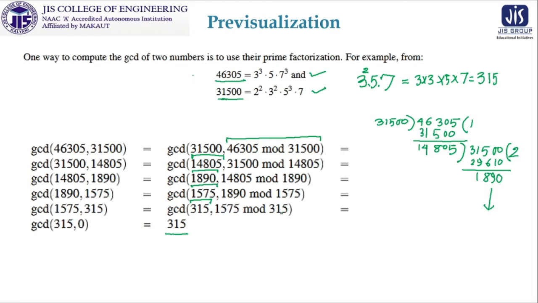When you divide 1575 by 315, the remainder comes as 0. When the remainder is 0, the last step's remainder is the GCD of the whole calculation. So the GCD of 46305 and 31500 is equal to 315.